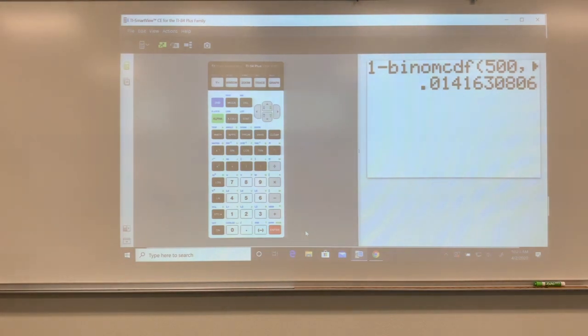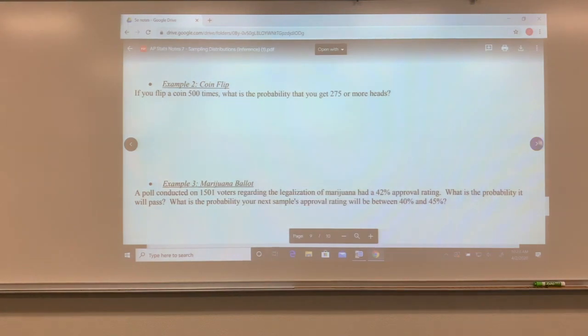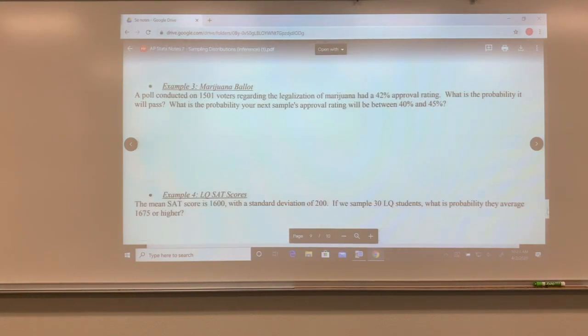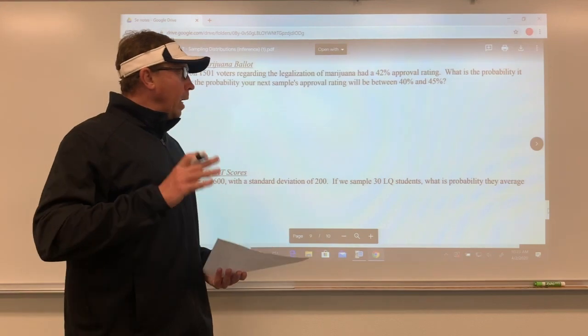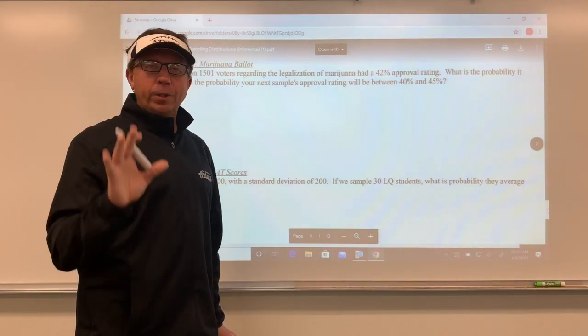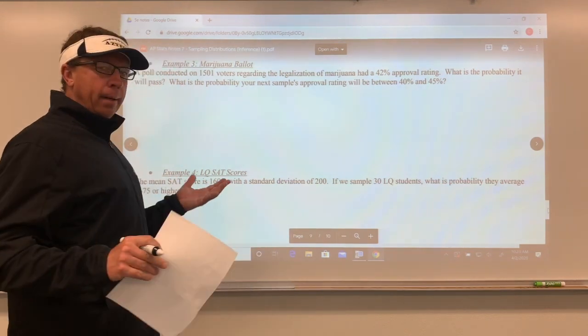So let's go on to the next problem. Okay, the next problem I'm going to handle as a proportion only. I won't do the binomial one, okay, but you can.